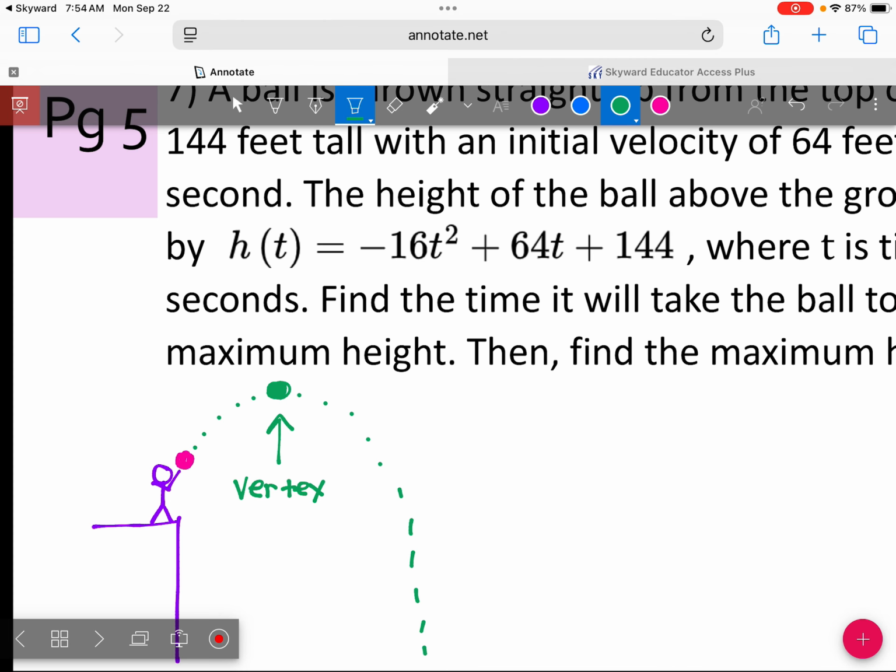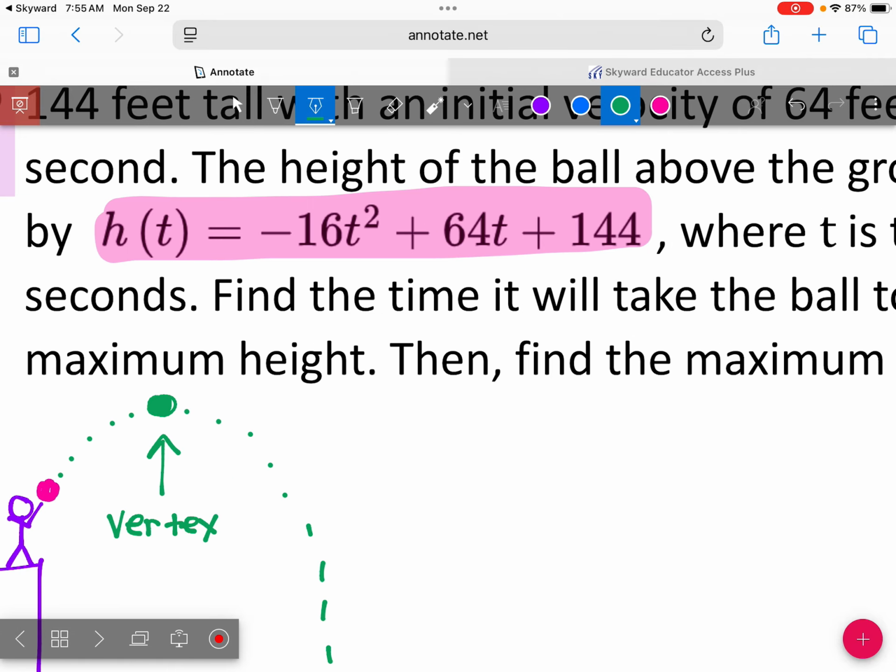We're given the equation in standard form. So if we want to find our vertex, how can we do that? Well, our vertex is when we're going to have x equals that axis of symmetry, our minus b over 2a.